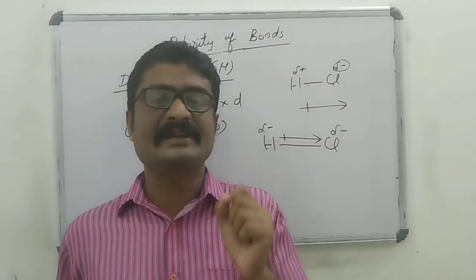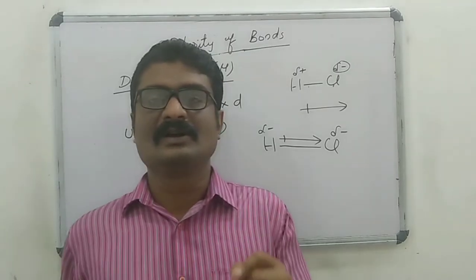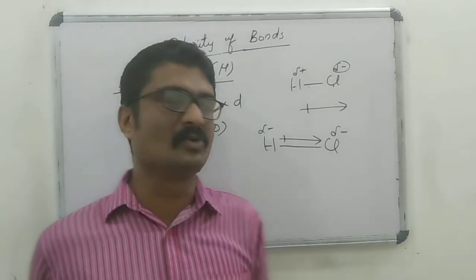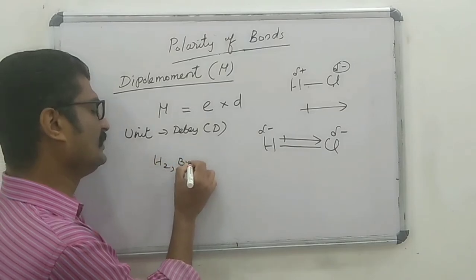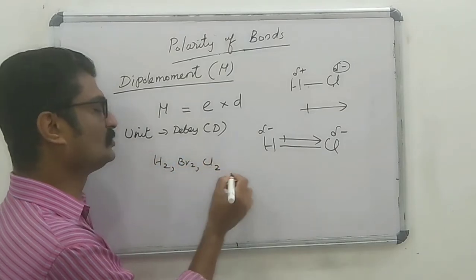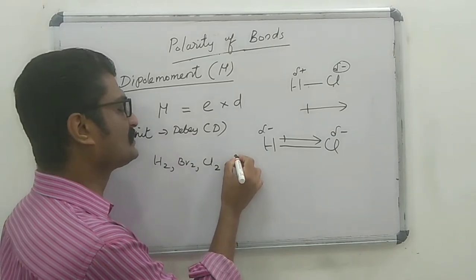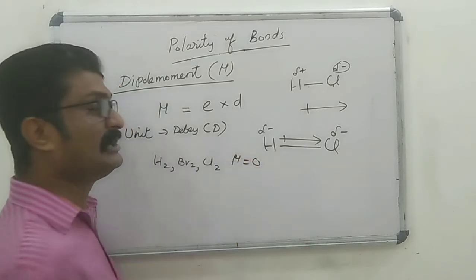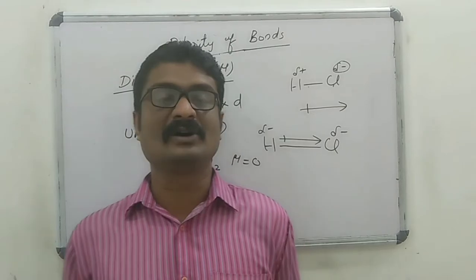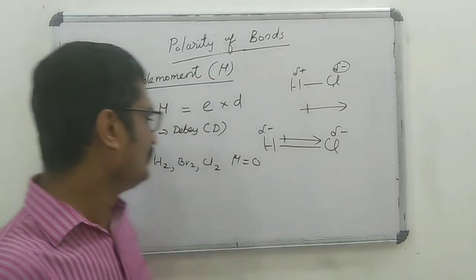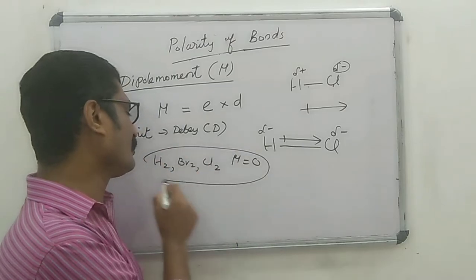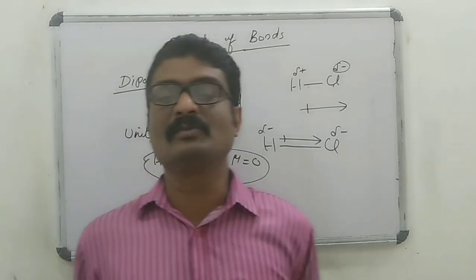In case of homoatomic molecules like H2, Br2, Cl2, the dipole moment is zero. Hence, these molecules are non-polar. For a non-polar molecule, the dipole moment is zero.